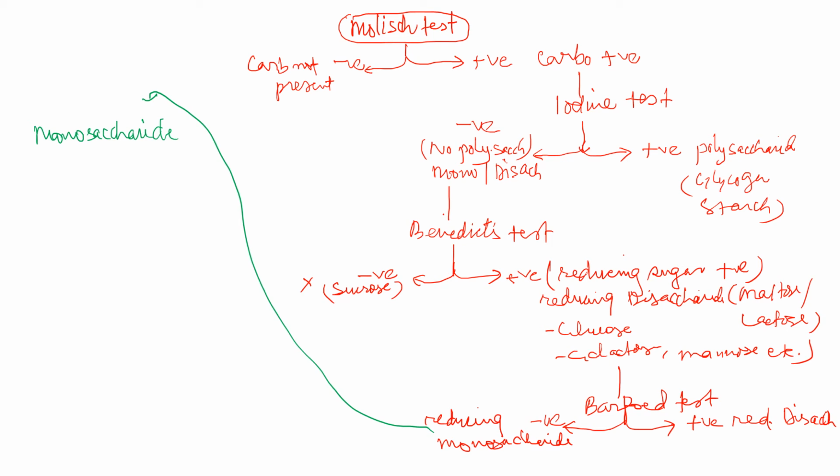So to identify whether it is keto sugar or aldose sugar, you'll be doing a test that is called Selivanov's test.